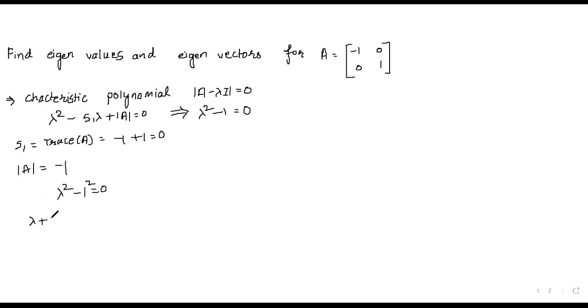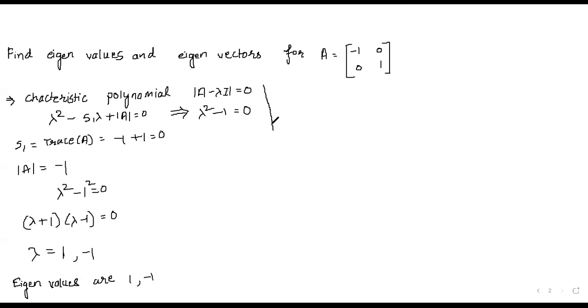So lambda plus 1 into lambda minus 1 equal to 0. So lambda equal to 1, minus 1. The eigenvalues are 1 and minus 1.